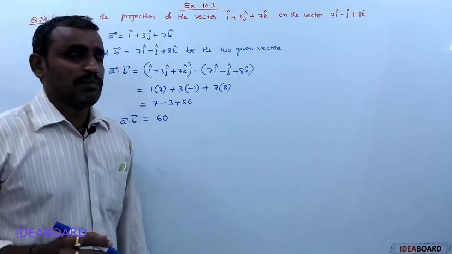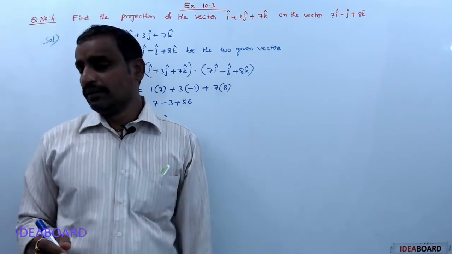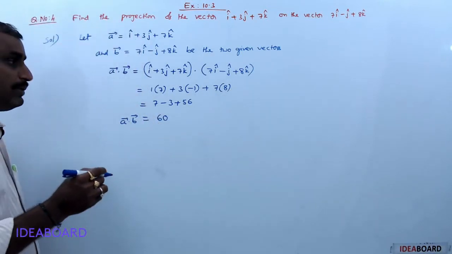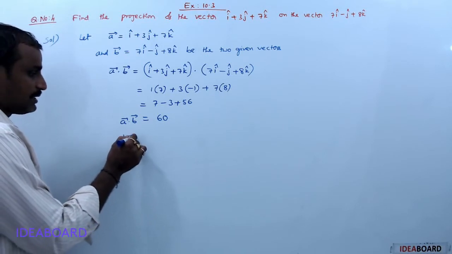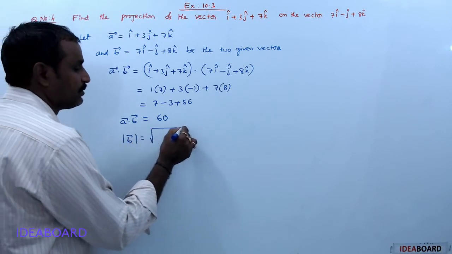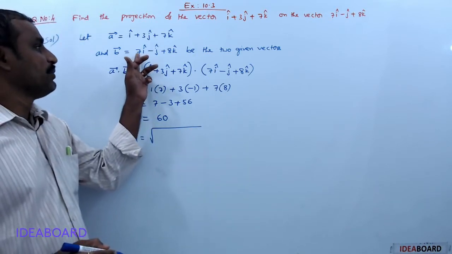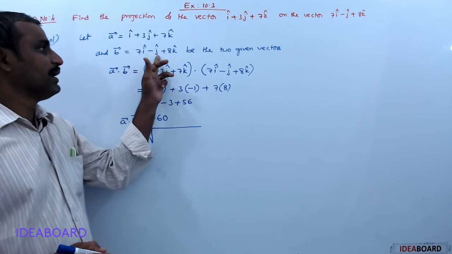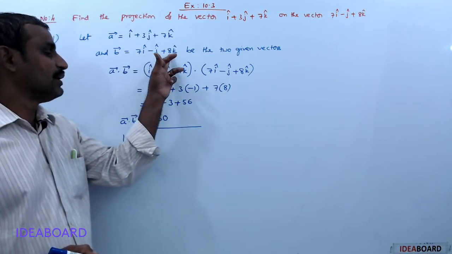So now we know the value of a bar dot b bar. Similarly, you can find the magnitude of b bar. The magnitude of b bar is equal to the square root of the squares of the scalar components of b bar, 7, minus 1 and 8, added together.